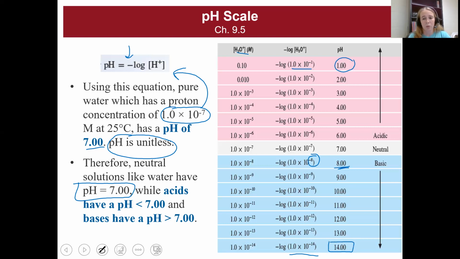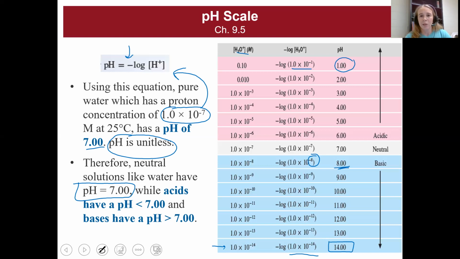A really low concentration means we don't have a lot of things that are giving off protons. That's our definition of an acid: it's something that dissociates into protons or creates protons when it reacts with water. We don't have that happening very much in a base, so a base has a high pH.